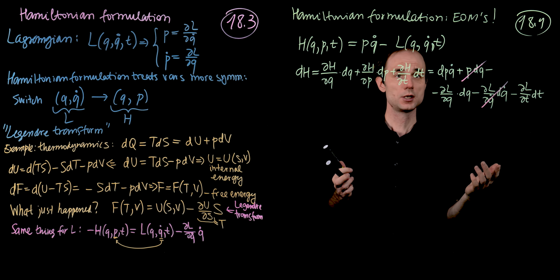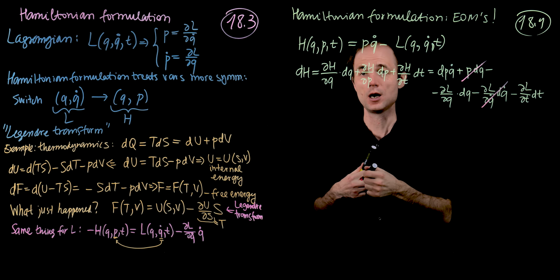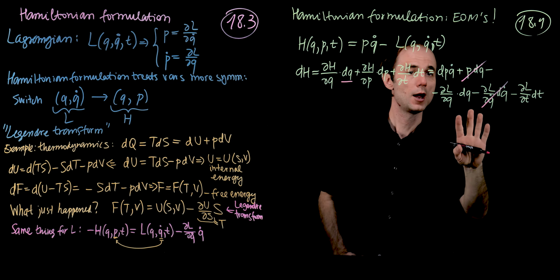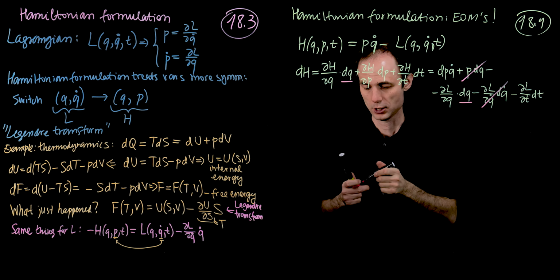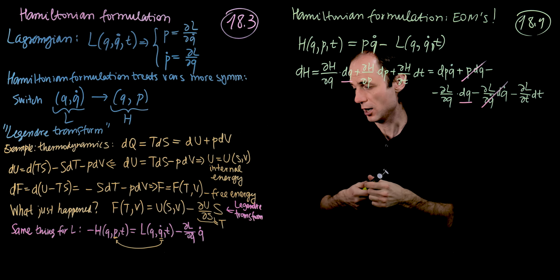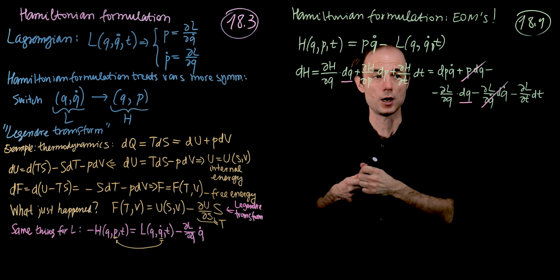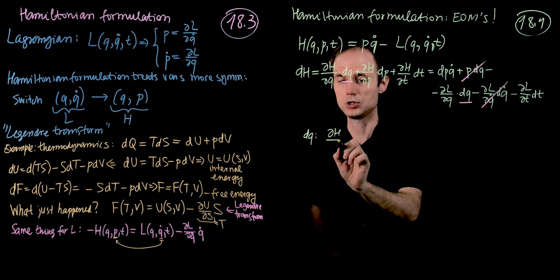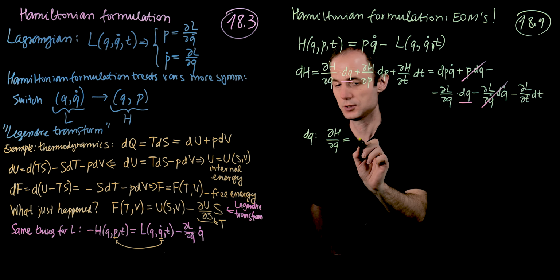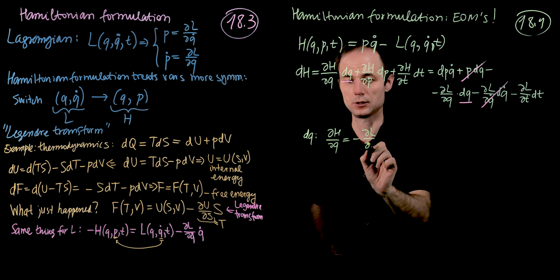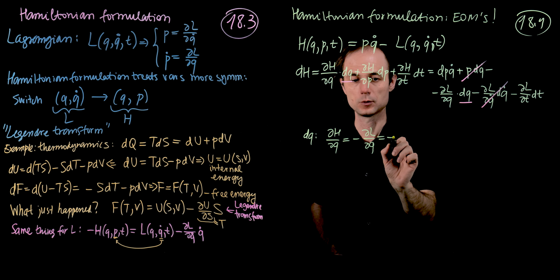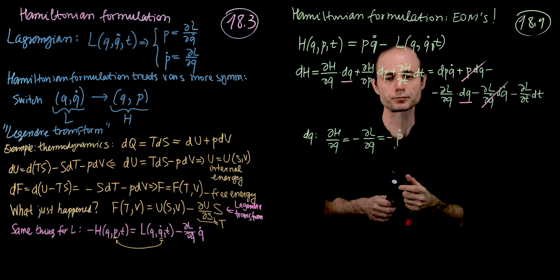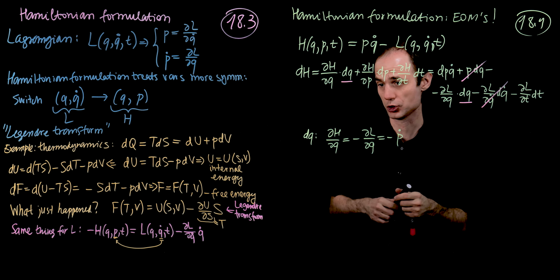And so now suddenly we actually can identify the terms. For instance, we have dq over here and we have dq over there. So the prefactors are going to be giving us that ∂H/∂q is equal to minus ∂L/∂q and equal to minus ṗ, from our Euler-Lagrange equations of motion.